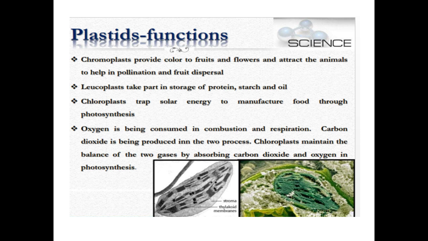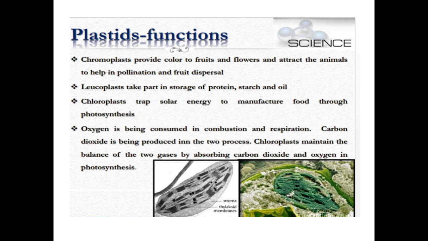So for the photosynthesis process, the main thing is chloroplast. This chloroplast helps in maintaining and balancing gas exchange in the photosynthetic process, that is, intake of carbon dioxide and release of oxygen, which mainly happens due to the chloroplast present in it.